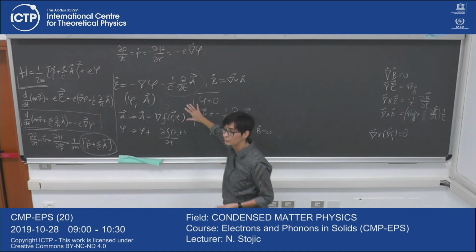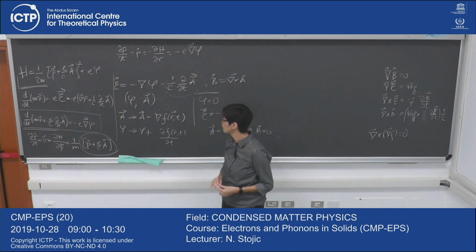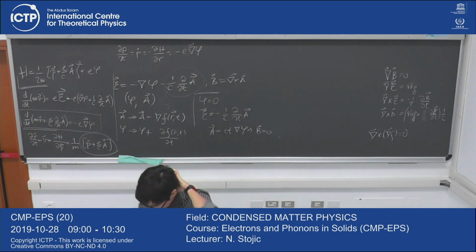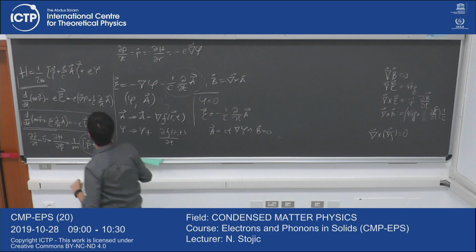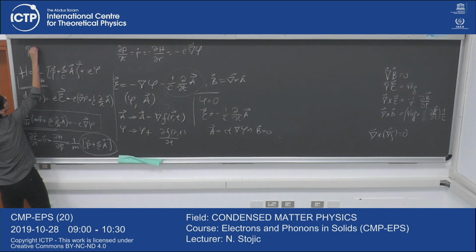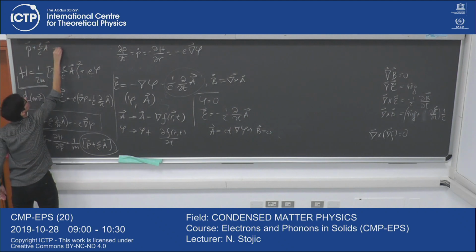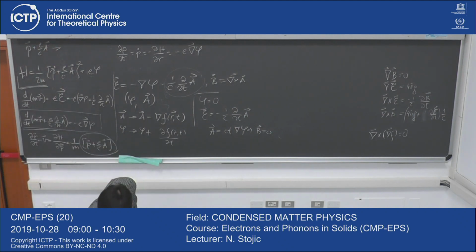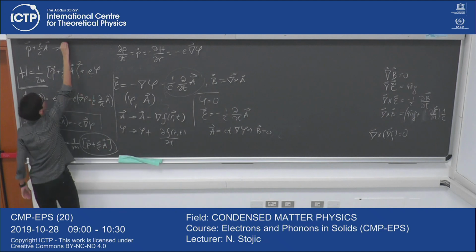But it's all coming from the gauge invariance. And this is called p plus e over cA. It's called kinetic momentum.